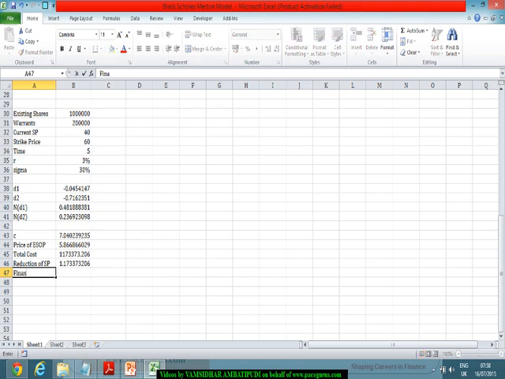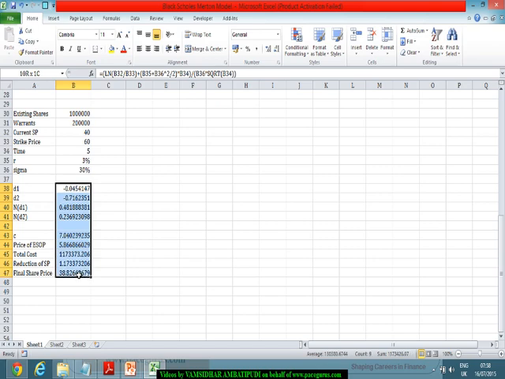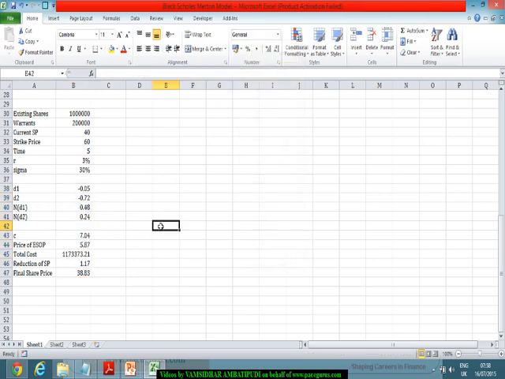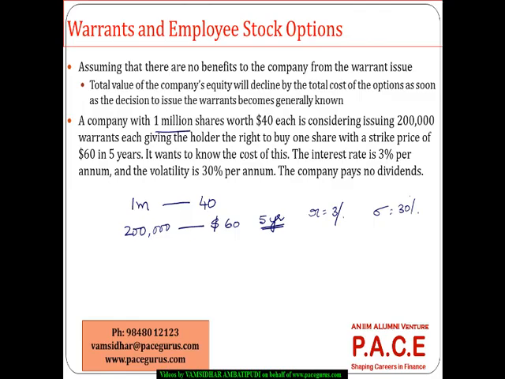So the final share price post the warrant comes out as the current share price minus the reduction, working out to around 38.82. So that is what is traditionally working out. 38.83 is what we are calling the final price of the share because of the issue of the warrant. That's the way we evaluate it.